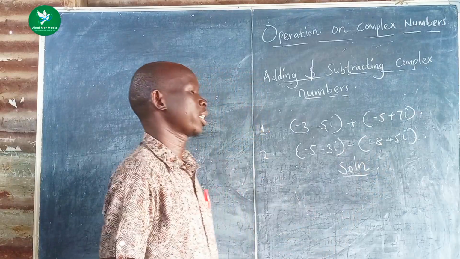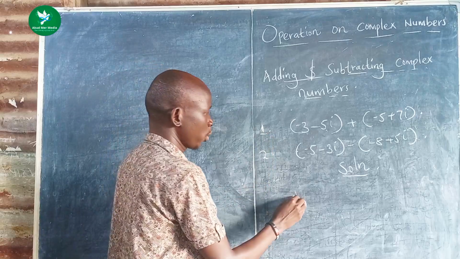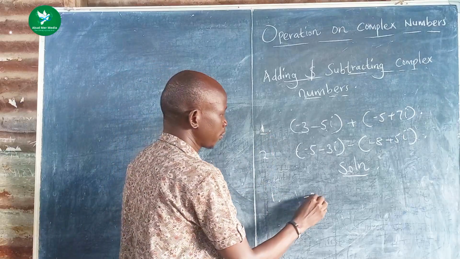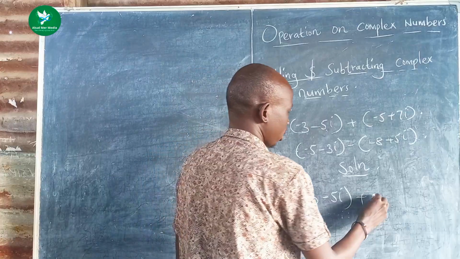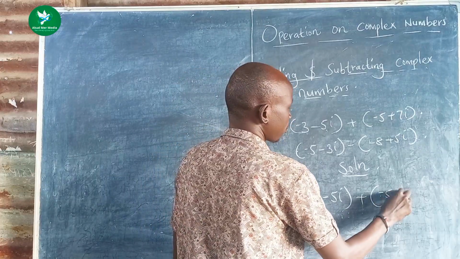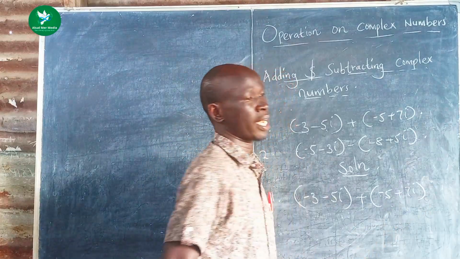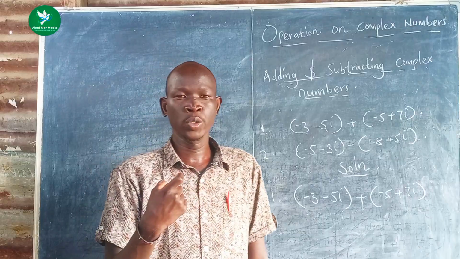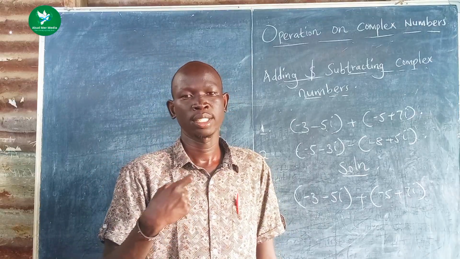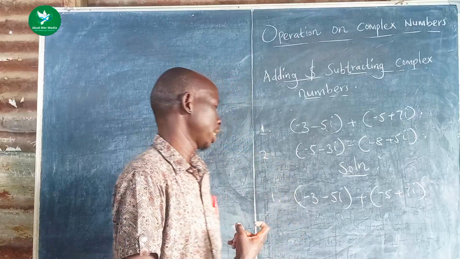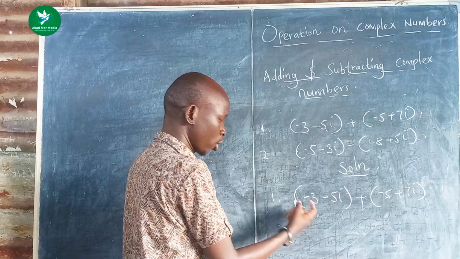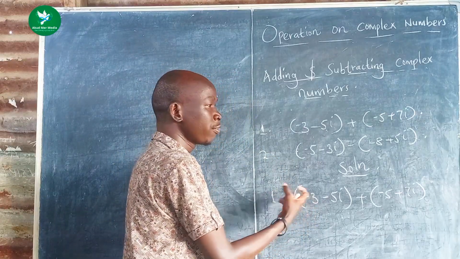these complex numbers. Number one, we are given -3 minus 5i plus -5 plus 7i. Just as we deal with algebra, the same thing we are going to apply here: we are going to collect like terms. The like terms are the real values.